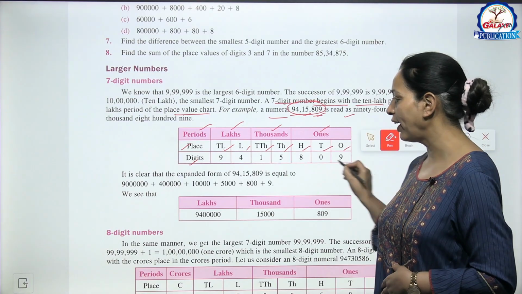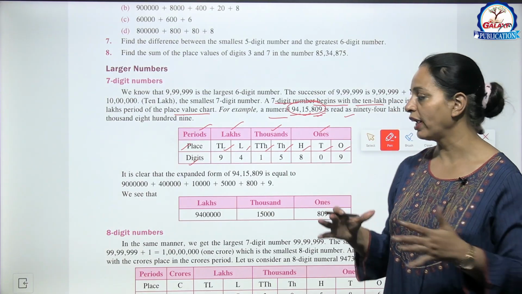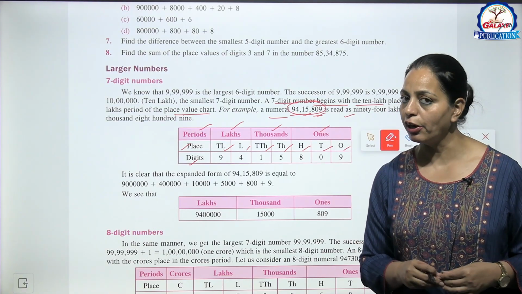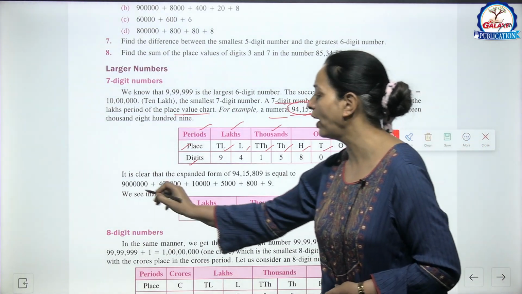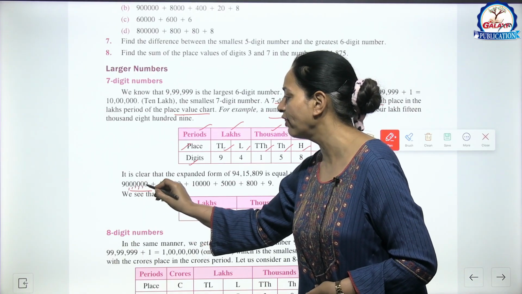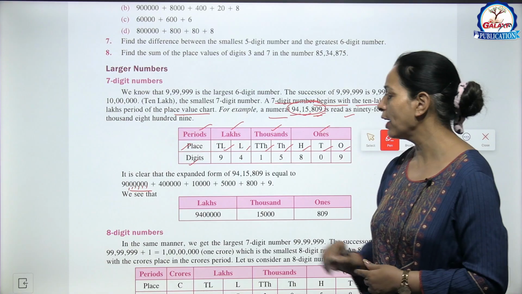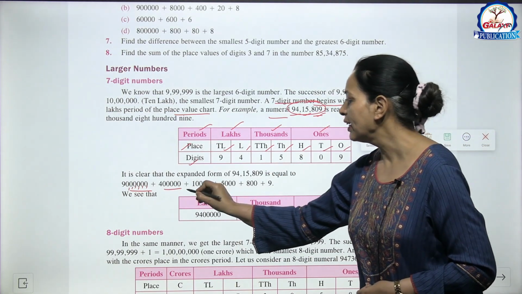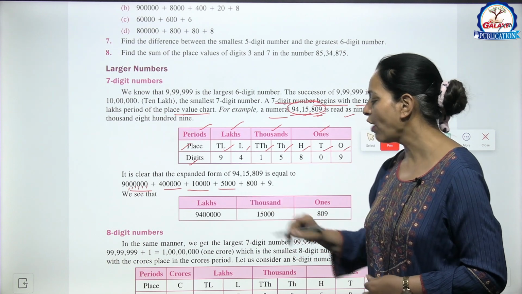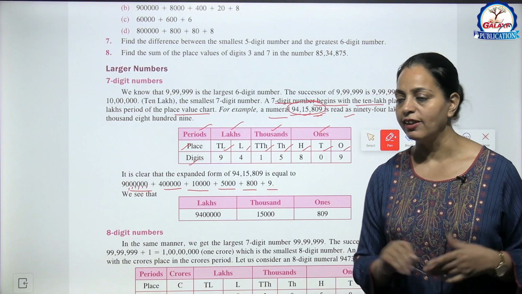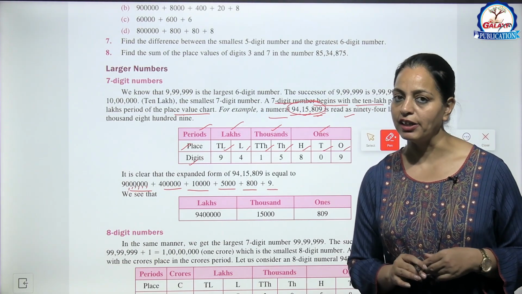And then we can write the digits, write in words, and write in the expanded form. So see how to write in the expanded form: 9 followed by 6 zeros, plus 4 followed by 5 zeros, plus 10,000, plus 5,000, plus 800, plus 9. So this is the expanded form.